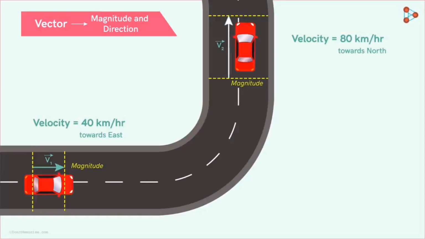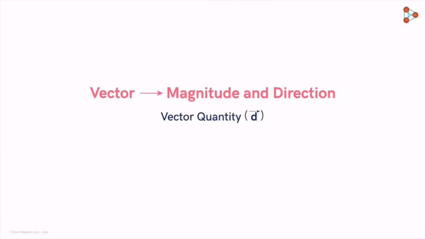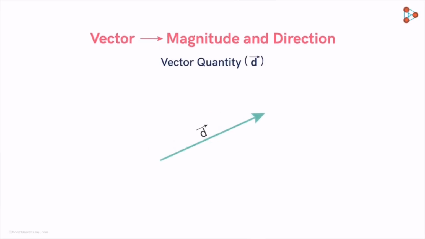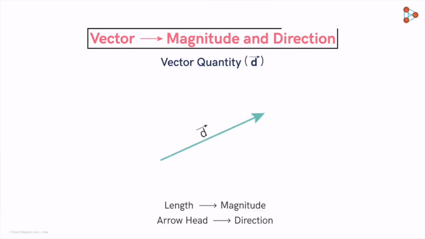So, as the speed here is twice that here, we represent the length of this vector as twice the length of the one here. Thus, if we have a vector quantity, we can represent it by a directed line segment, that is, an arrow like this. Its length represents the magnitude of the vector and the arrowhead is its direction.